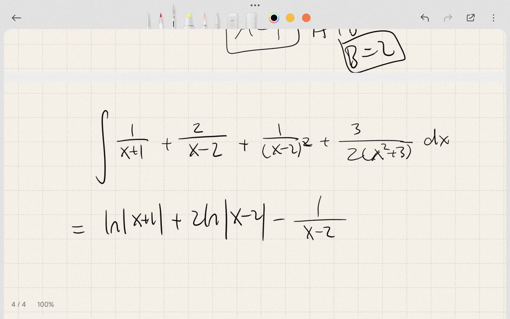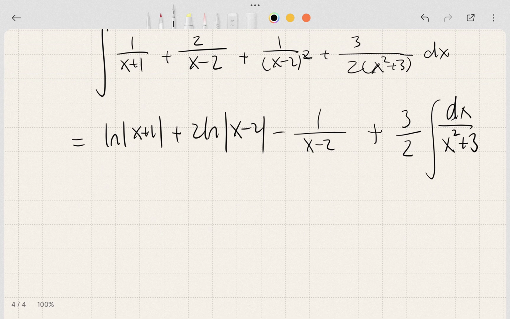And the last one is plus 3 over 2 times the integral of dx over x squared plus 3. How are we going to do that? Well, let's figure out the left hand side first.